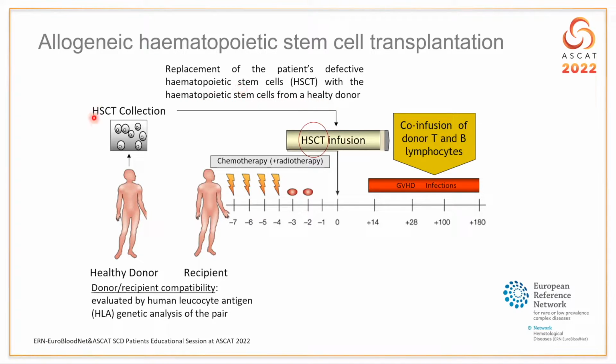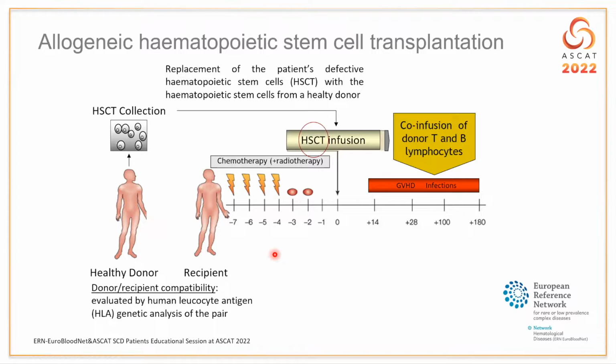This aim can be achieved using a so-called conditioning regimen, that is a combination of different chemotherapy drugs, and in some selected cases also radiotherapy, that are necessary in order to do what is called marrow ablation.